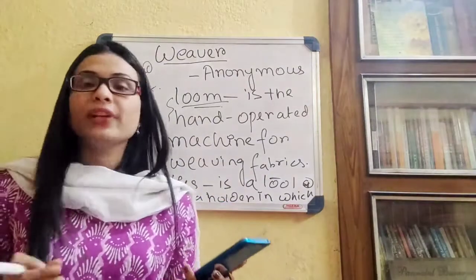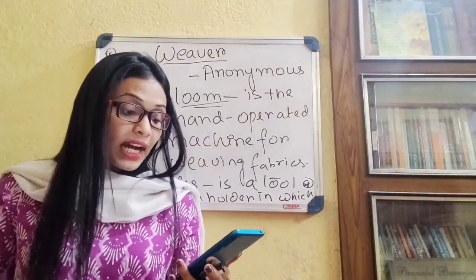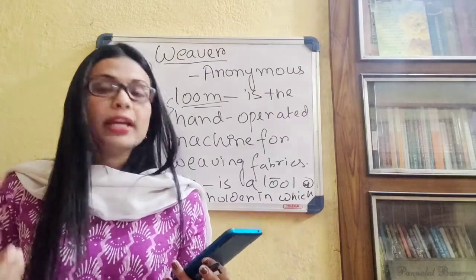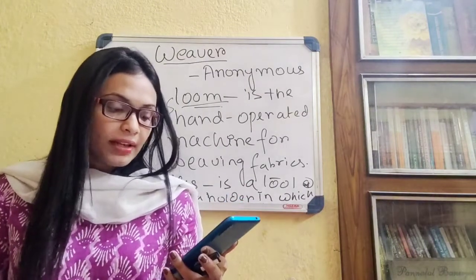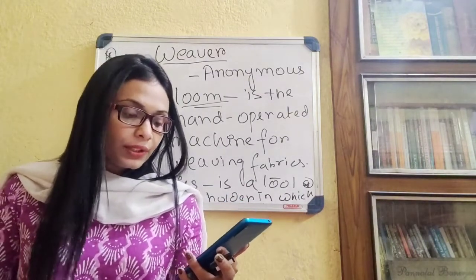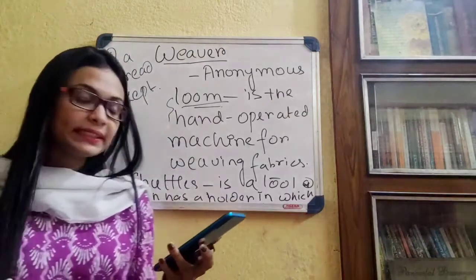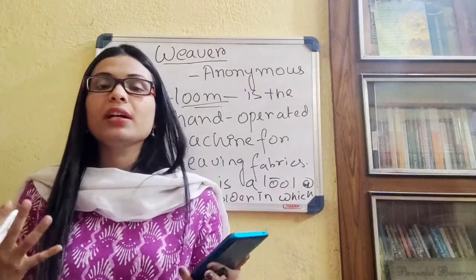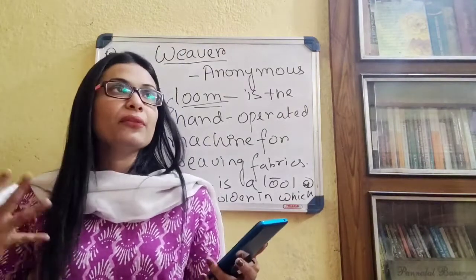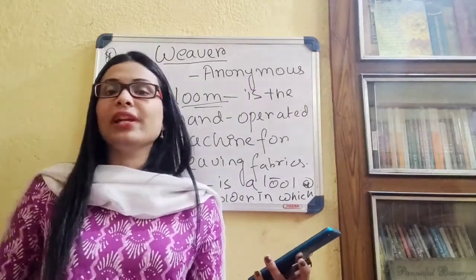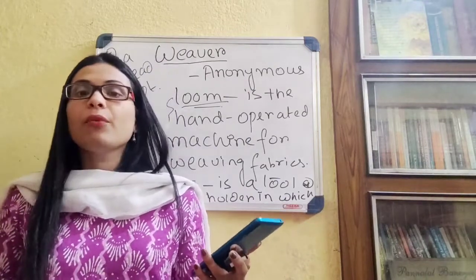Last stanza, which is a very beautiful stanza again. The dark threads are as needful in the weaver's skillful hand as the threads of gold and silver in the pattern he has planned. So in the last stanza, the poet is saying that when we want to make a beautiful cloth, suppose we want to wear a beautiful dress in a wedding or on a birthday party, what do we do?